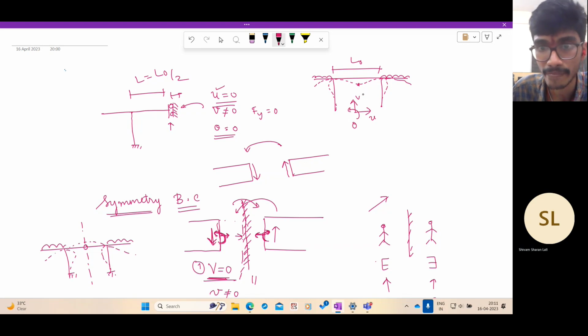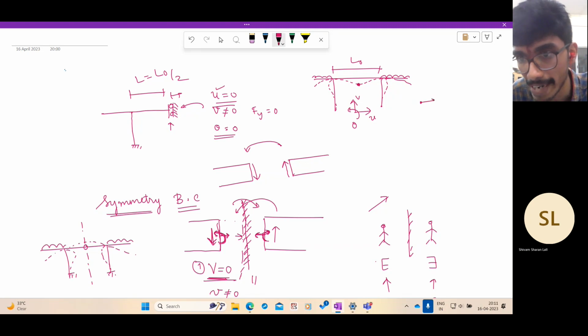So the structure is deforming symmetrically. If this point is moving to the right by some U, but the structure is symmetric, which means if the left half is going like this with some U, then the right half has to come this way.